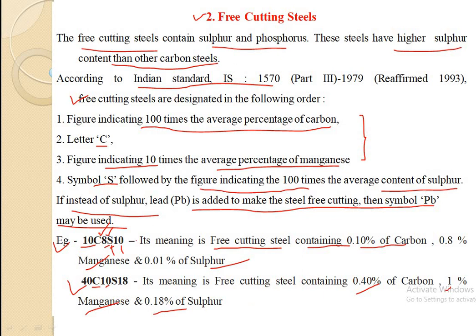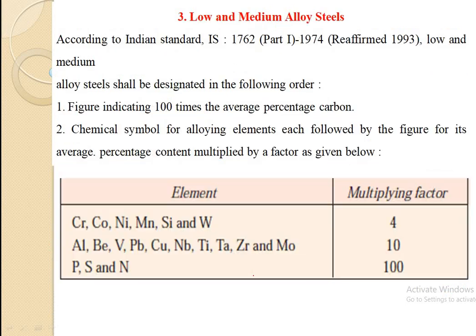Again here 10 divided by 100, 0.1 percentage of sulfur. So if there is a symbol of sulfur or lead, then we can say it is a free cutting steel. Keep in mind. So this is regarding the free cutting steel.